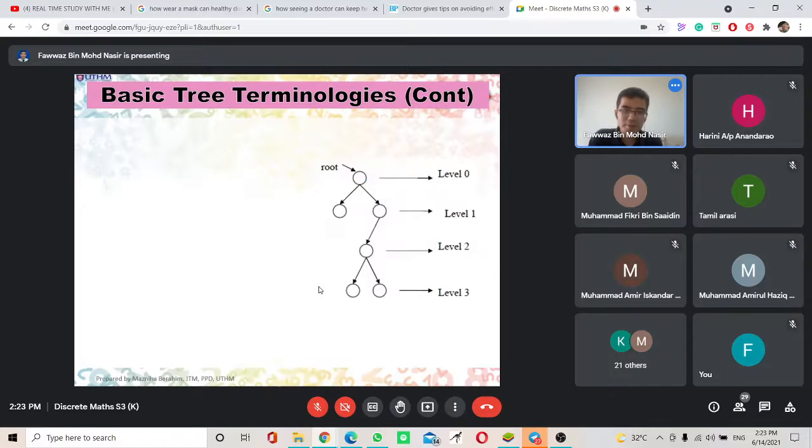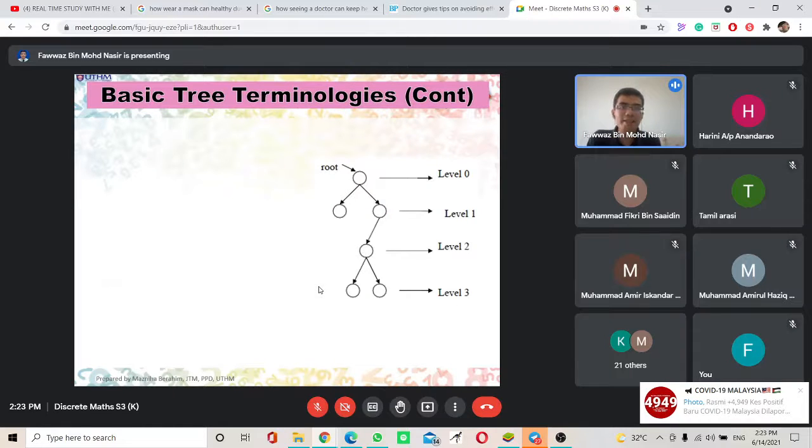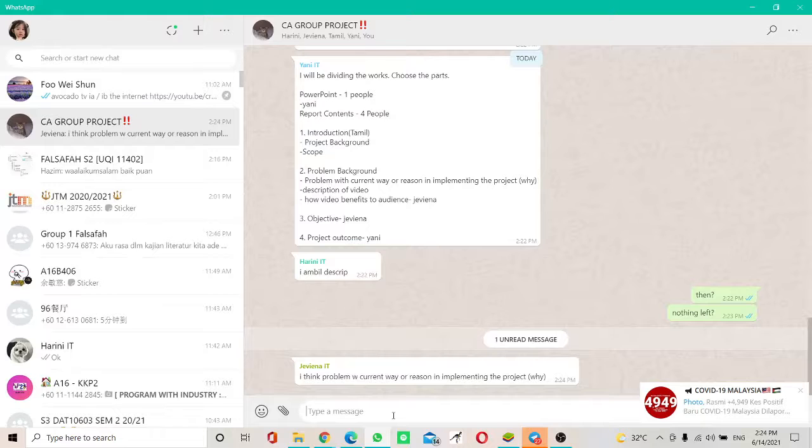Kemudian di dalam tree juga kita boleh categorize each node into levels. So the root node ni memang akan kita setkan sebagai level 0. Kemudian children of the root is level 1.